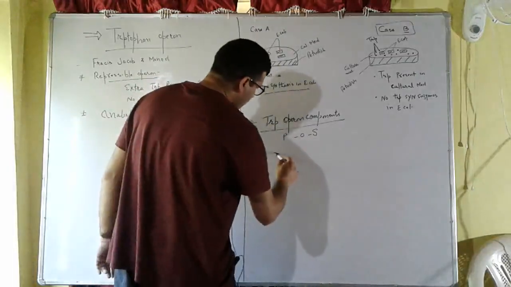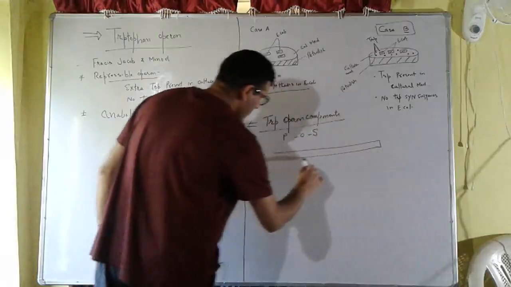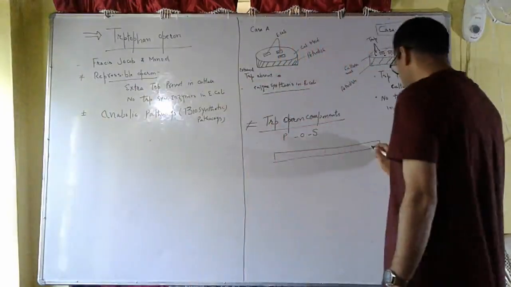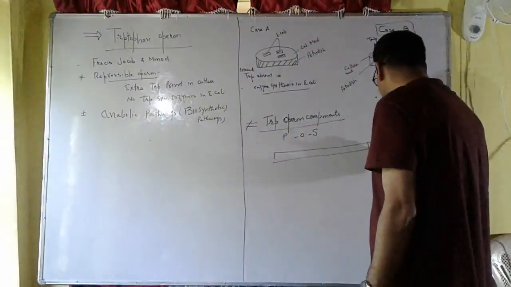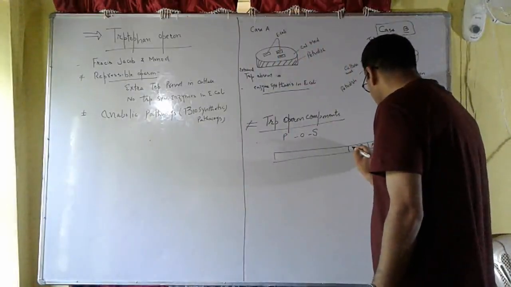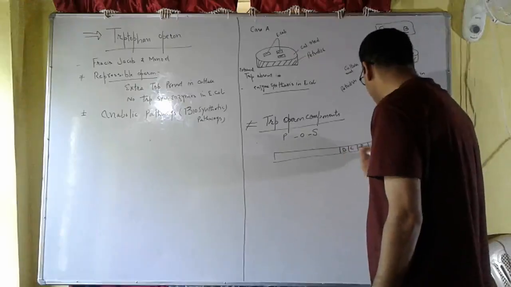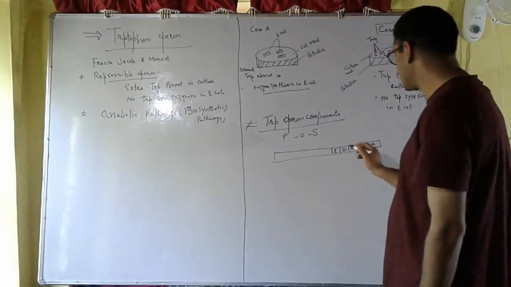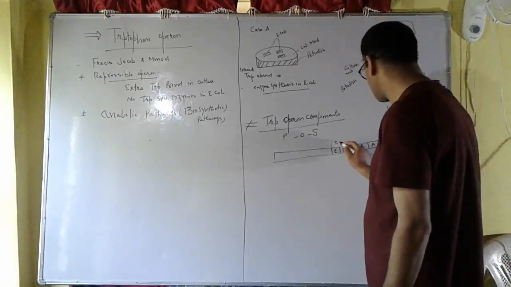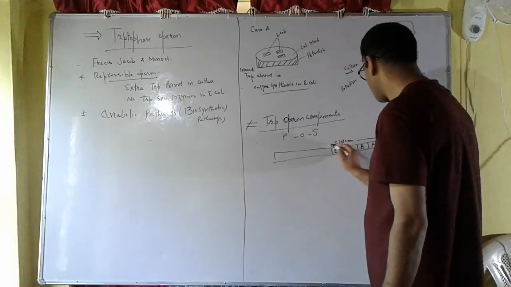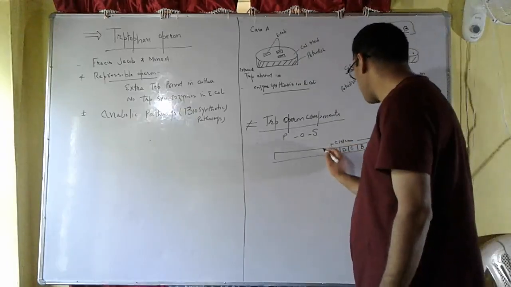The structural genes are trpA, trpB, trpC, trpD, and trpE, also called cistrons. Then there is the operator gene.